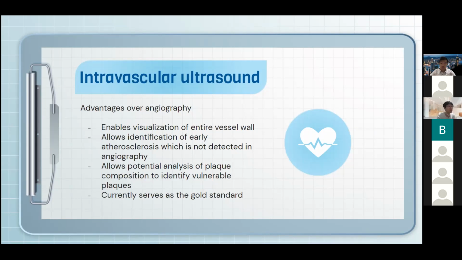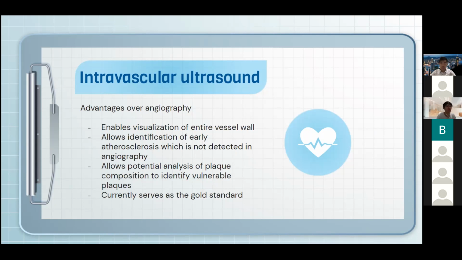It allows potential analysis of plaque composition to identify vulnerable plaques, even though most of the plaques usually contain cholesterol. If we can determine that the plaque itself has more blood cells than cholesterol and has a high risk of developing into a thrombus, then you can remove it immediately.